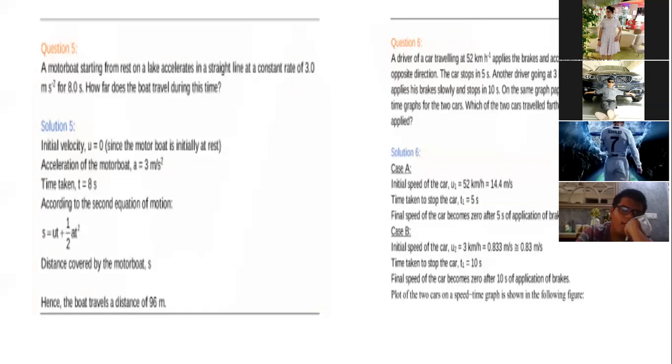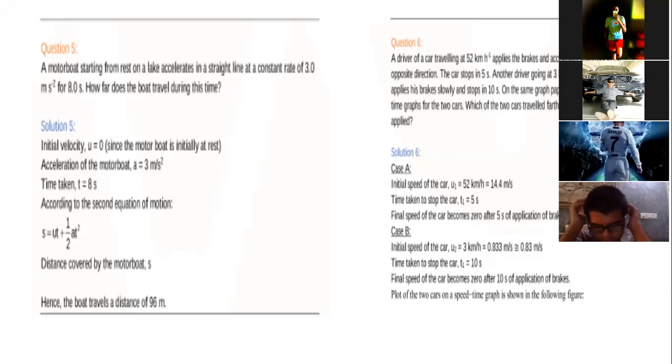The object is starting from rest, that means its initial velocity will be 0. If such cases are given, they are giving you an indirect hint. A motorboat starting from rest explains that the initial velocity will be 0. That means your small u will be considered as 0.